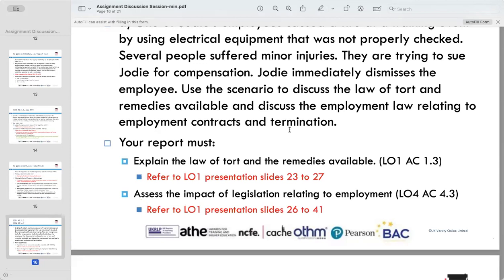Discuss the general principle of negligence in law of tort. Discuss the remedies available in tort law, particularly in the context of the scenario where several people suffered injuries. So this may include compensation for damage, medical expenses, and other losses.